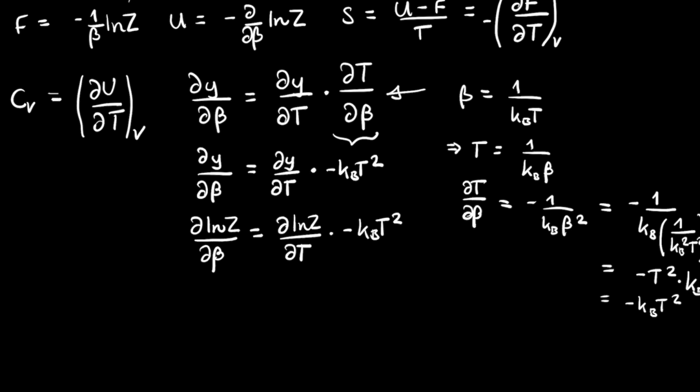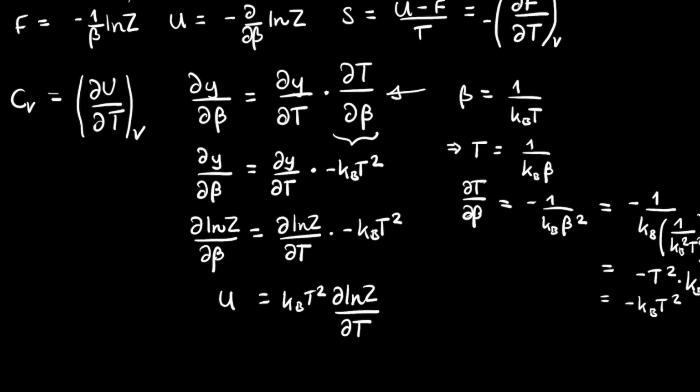But what is d ln Z by d beta? From this one right here, that is just minus U. And so the minus signs cancel out, which is quite nice. So therefore U is simply equal to kB T squared d log Z by dT.